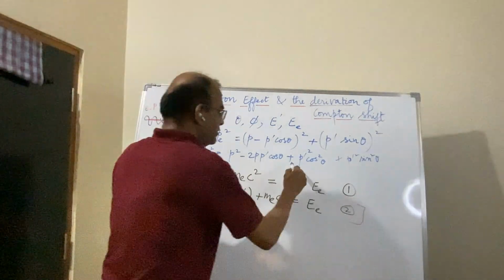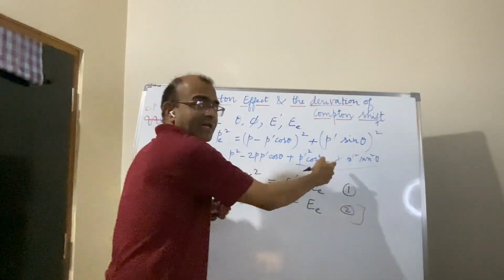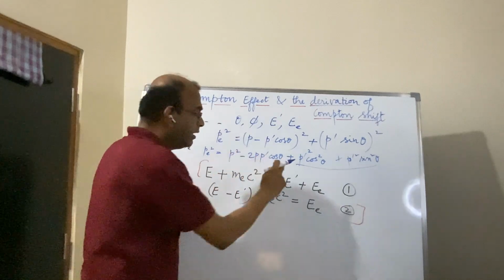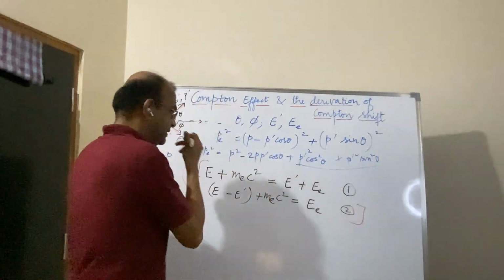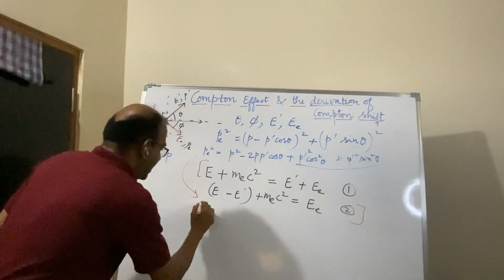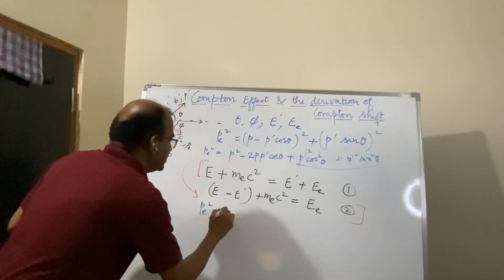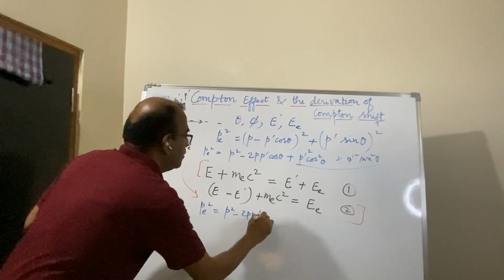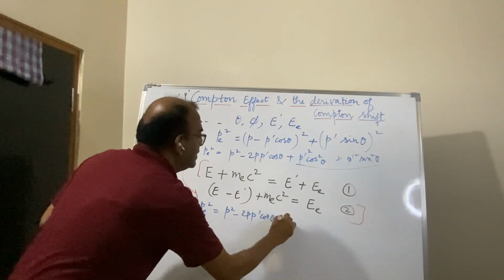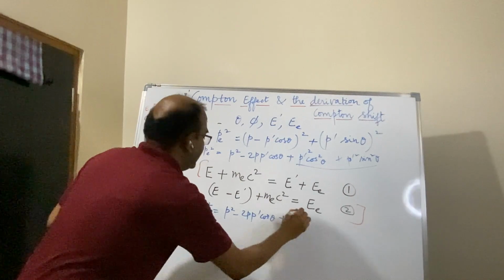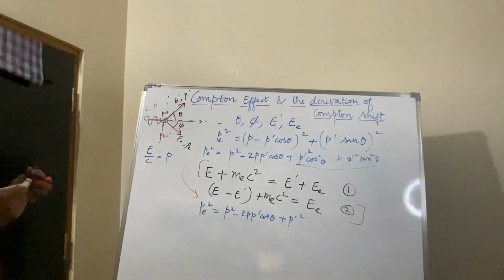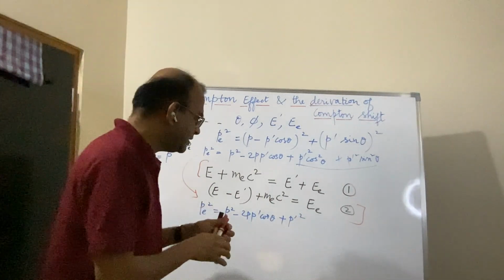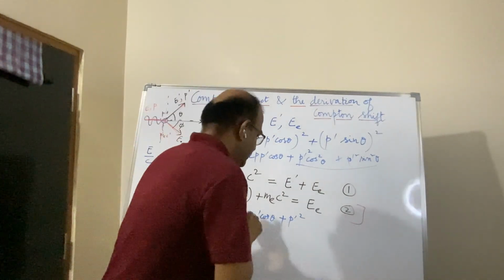Again, these two terms can be combined. Cos squared theta plus sin squared theta will give us 1. So we have P prime squared here as an extra term. So I can write Pe squared is equal to P squared minus 2PP prime cos theta plus P prime squared. Let us call this equation 5 for reference.